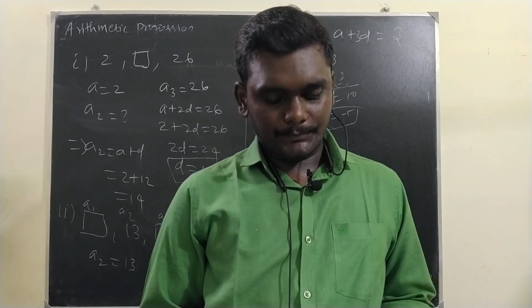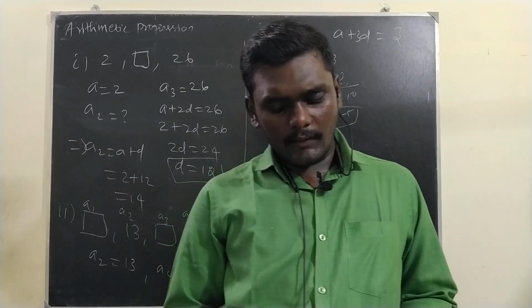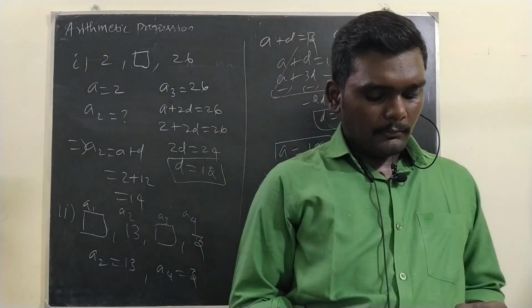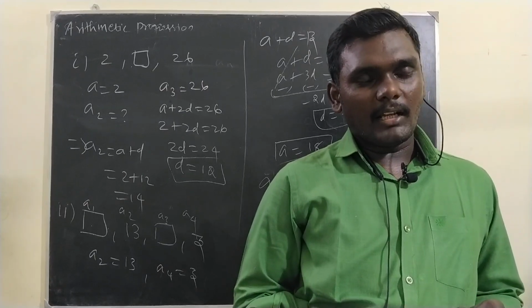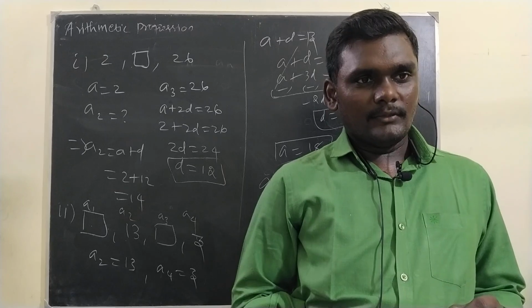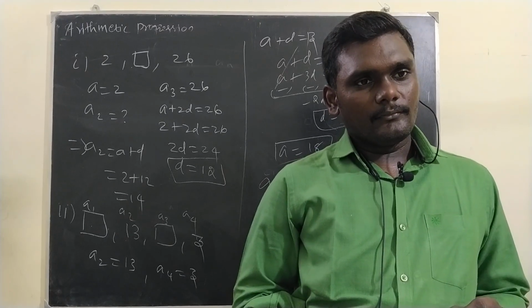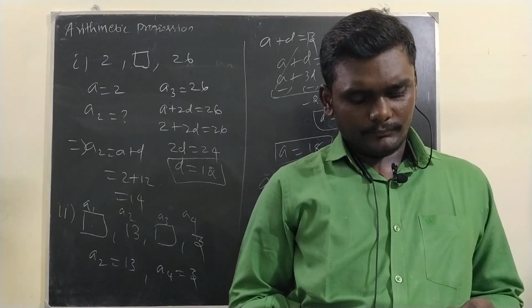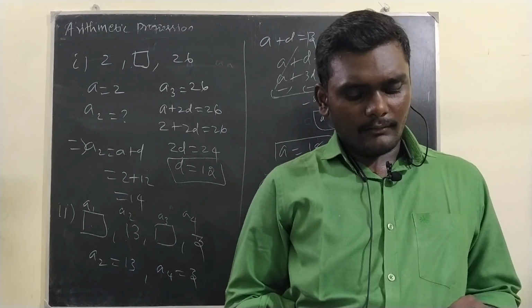How will you check? An is equal to minus 150, and if n comes like a counting number, a natural number, we say it is a term. Suppose it comes as a decimal, we say it is not a term. Okay, got it? And the seventh question, the last question.